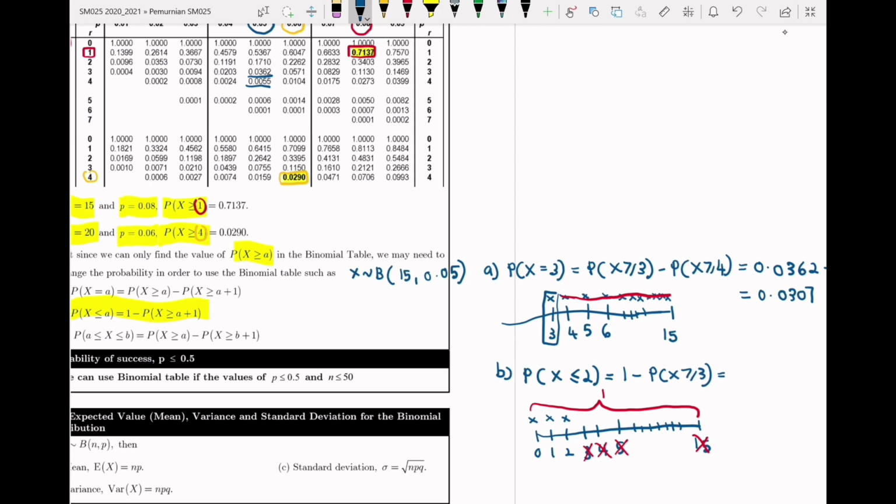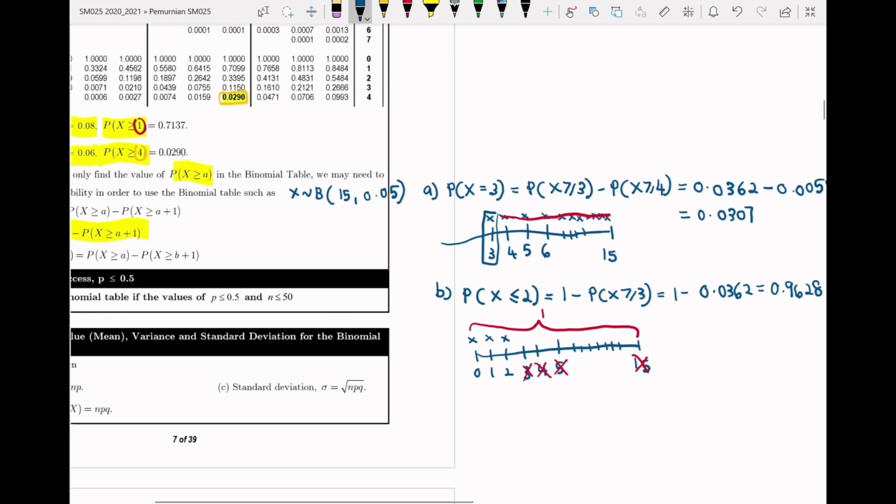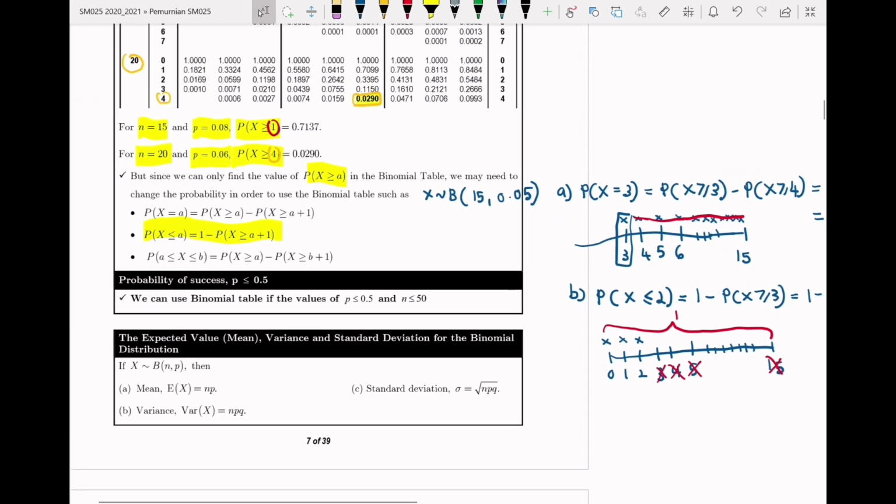So 1 minus 0.0362. P(X ≥ 3) is 0.0362 from the table. So 1 minus 0.0362 will get 0.9638.